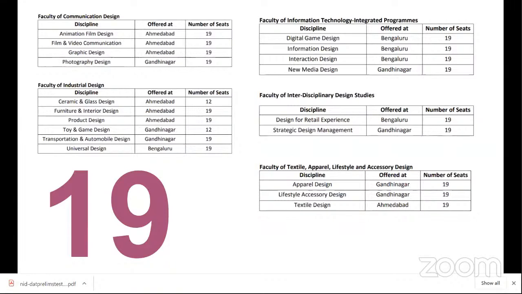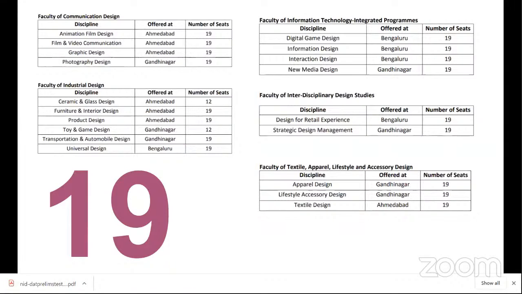But 2020 was a shocker for most of the students because they asked very specific questions. They had a small generic paper for all the design disciplines, and then there was a specific question paper for the design discipline.